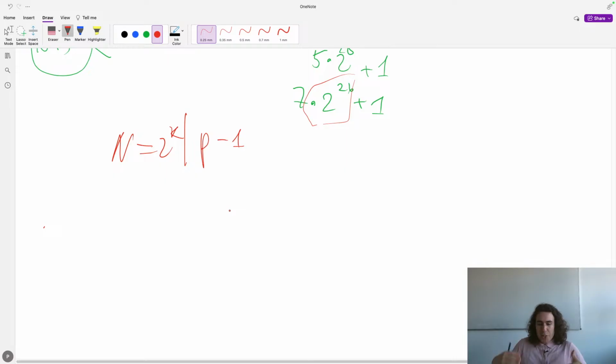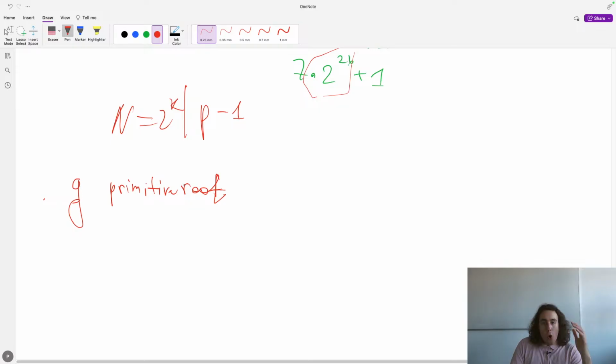An interesting fact about prime numbers is that for every prime number, there exists something called a primitive root. What does it mean? It means that all values except 0, so all values from 1 to p minus 1, can be expressed as a power of g.